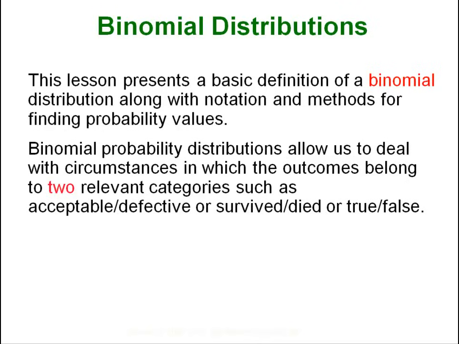Even if you have something with multiple categories, you can always have category A and then not category A. So a simple example would be something like you could take political affiliation, which we know has more than two choices, right? Democrat, Republican, Green Party, Tea Party, Independent, etc. But you could take all of those and you could actually just create a binomial distribution by saying Democrat and non-Democrat.